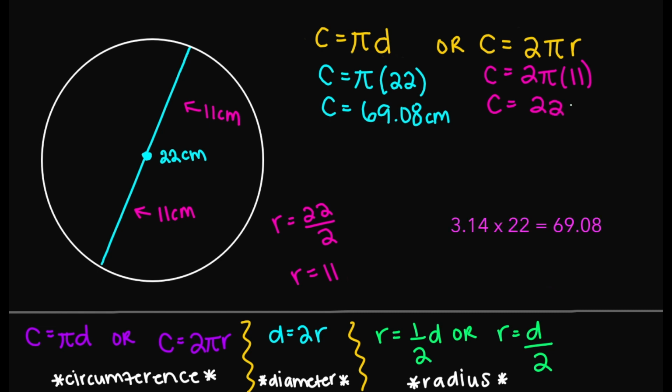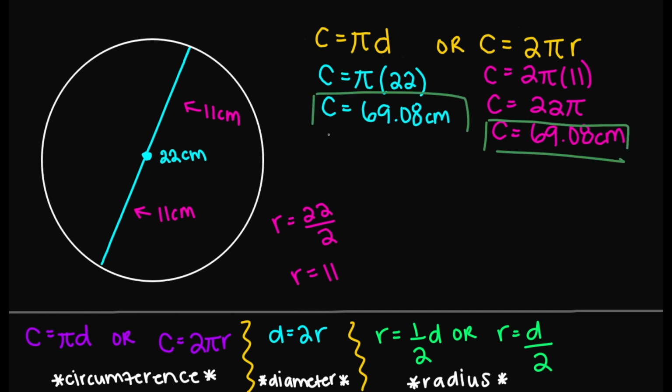And then 22 times pi, estimation is going to be 69.08 centimeters as well, if you do 22 times 3.14. So these are your estimations here. And then your exact amount in pi form is going to be 22 pi.